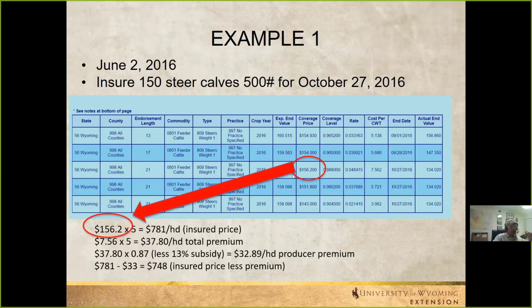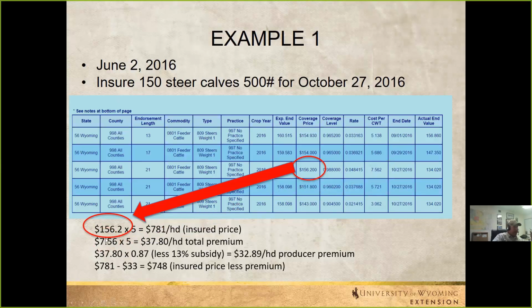We're going to buy this one, $1.56. $1.56 times our 5-weight steer means we're going to buy insurance that these regional average 5-weight steers should be worth $781 a head at the end of October, October 27th. So that's what we're buying insurance for. We're protecting that price. To do that, it's going to cost us $7.56 a hundredweight.